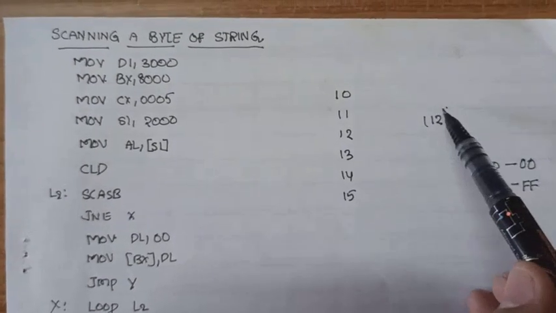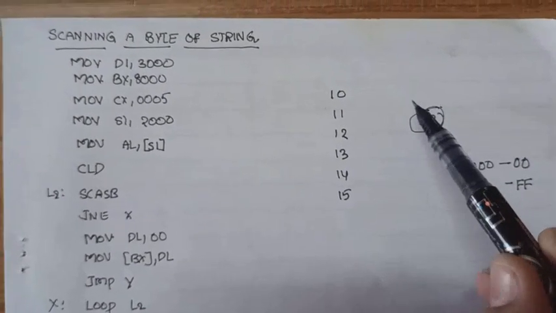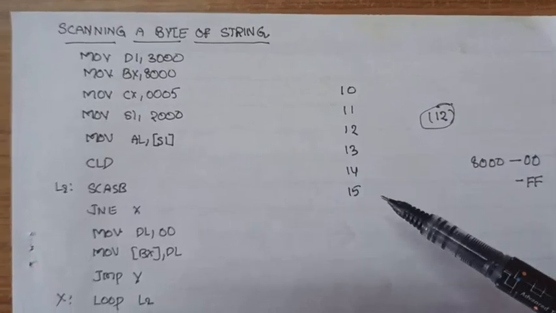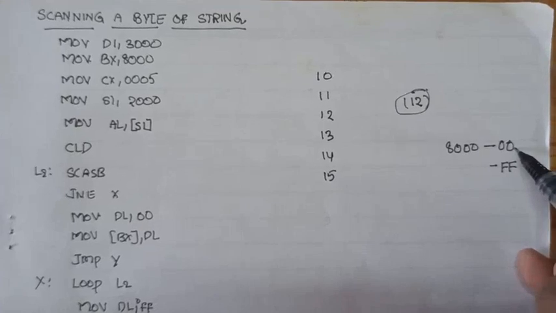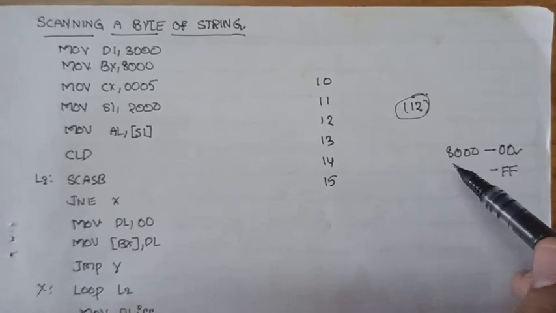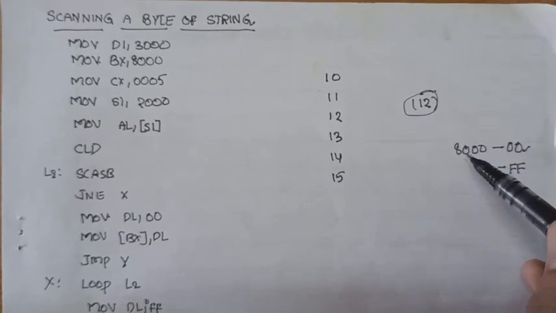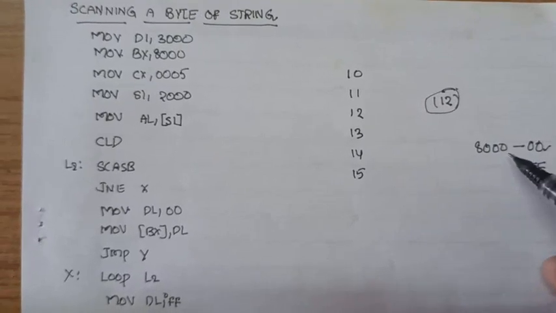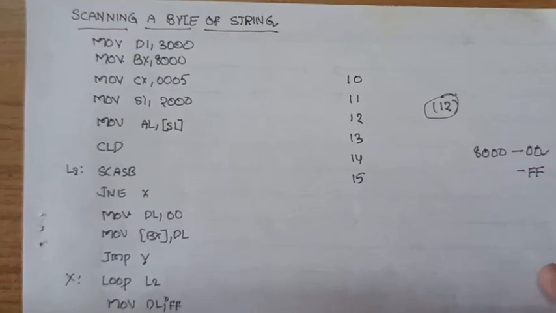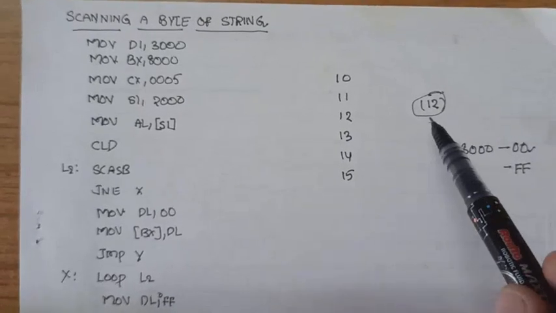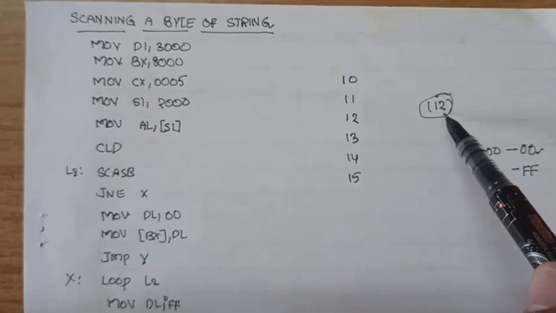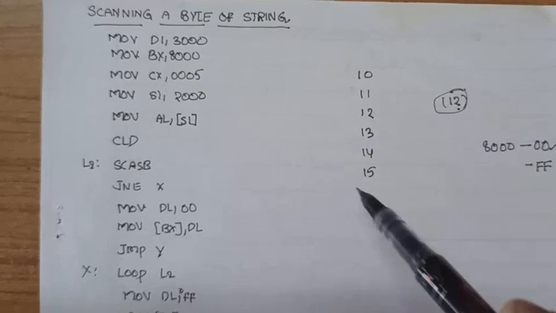We are going to scan some data, whether it is available or not in the given string. If available, we place 00 in this memory location, and if not found, FF should be saved in memory location 8000. The logic is only to identify whether this particular byte of data is available in this string or not.